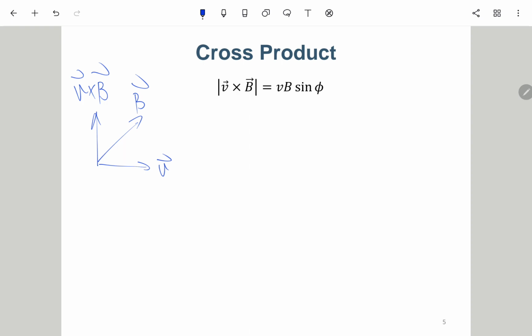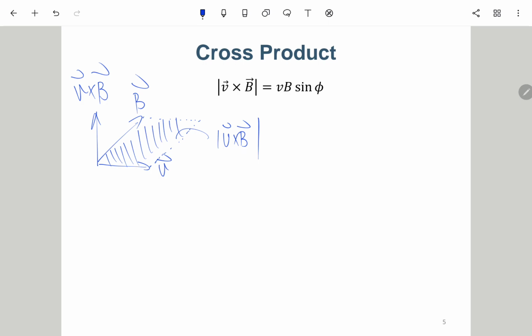Using the right hand rule, your thumb will be pointing upward. So what is the magnitude? The magnitude of V cross B will be the area of this parallelogram (就是平行四边形的面积), which equals VB sine theta.